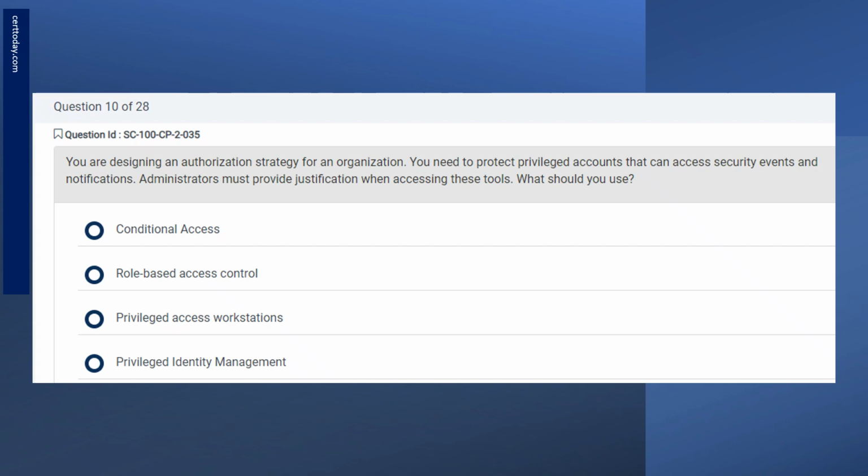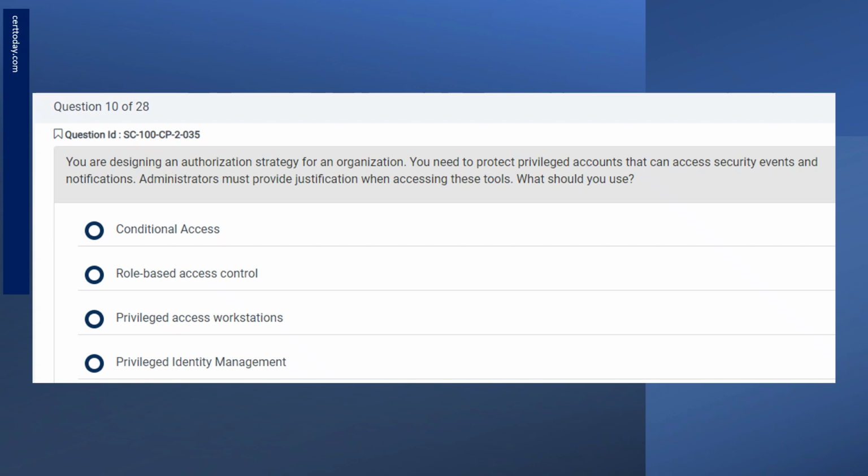Question number 10. You are designing an authorization strategy for an organization. You need to protect privileged accounts that can access security events and notifications. Administrators must provide justification when accessing these tools. What should you use? A. Conditional access.